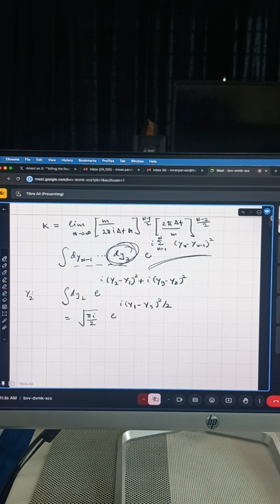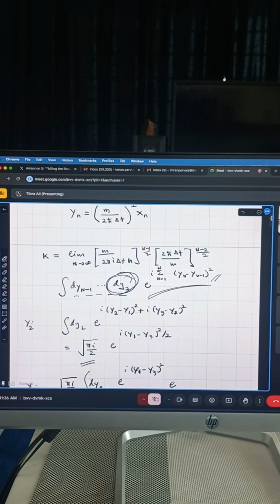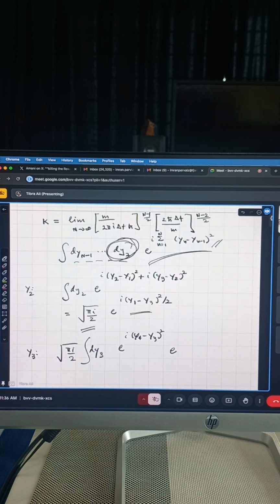We'll now have this factor of pi I by 2, d of y3 integrated over e to the power I y4 minus y3 squared, which is coming from what already exists, and we carry over I y1 minus y3 squared by 2. And then we do the same thing: we expand this and do the y3 integral.